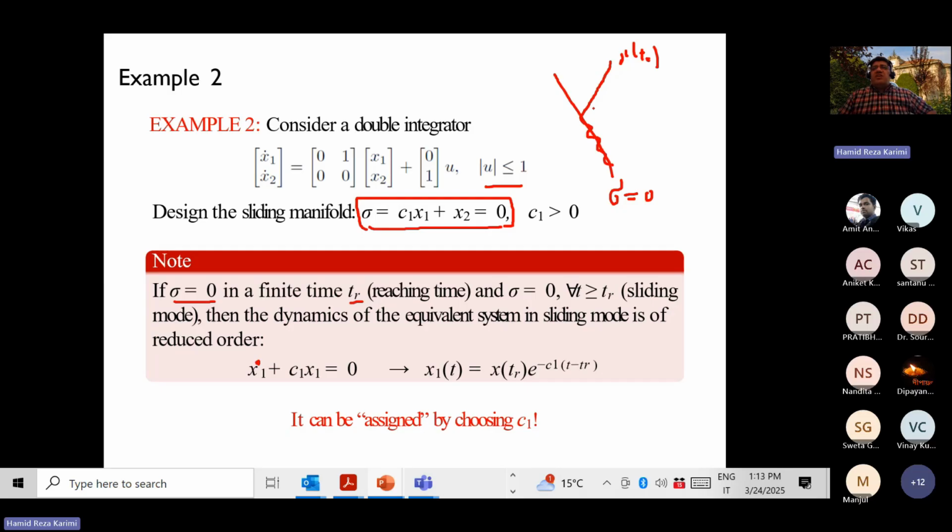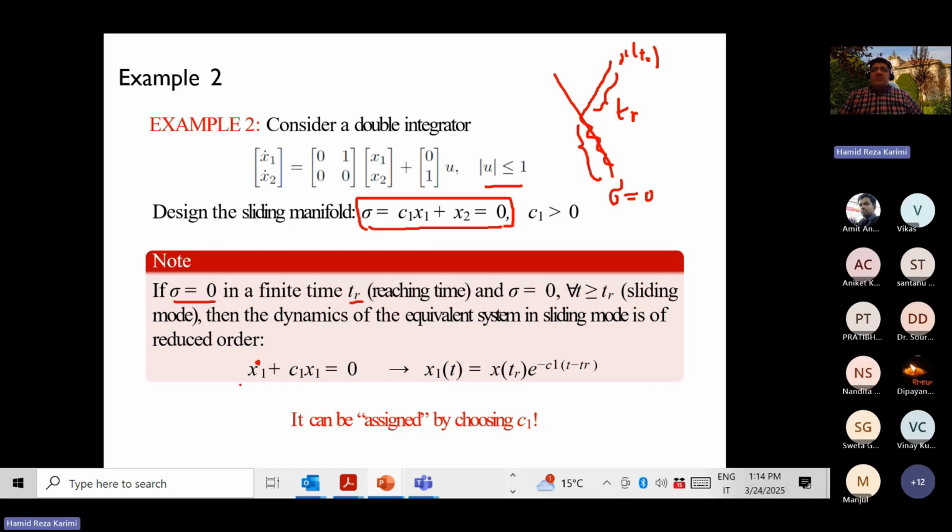From here to here it takes time TR, and after TR there is some oscillation, and this oscillation we call chattering or a sliding motion or a sliding mode.